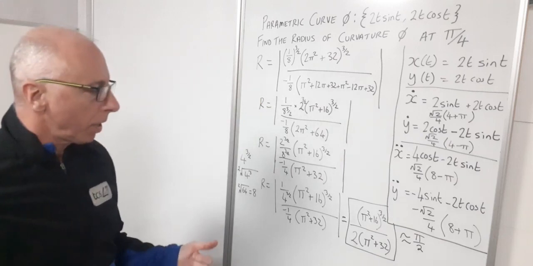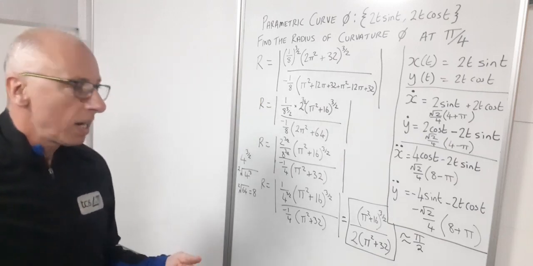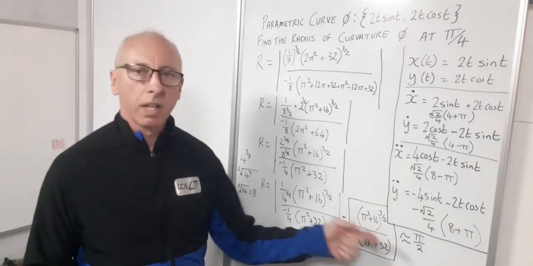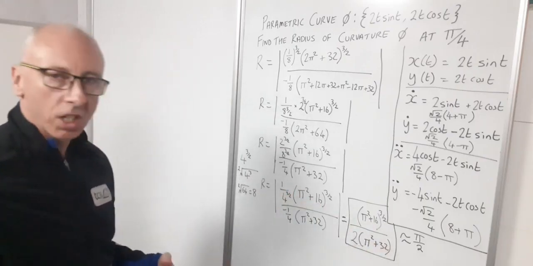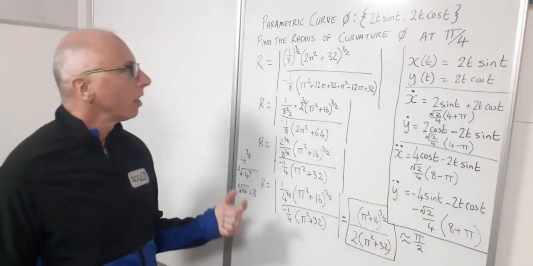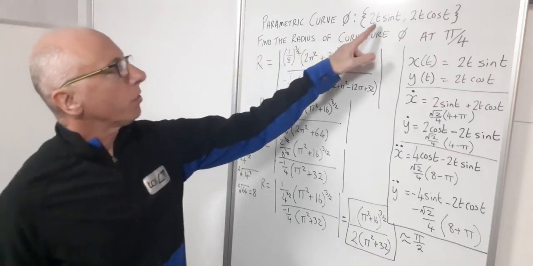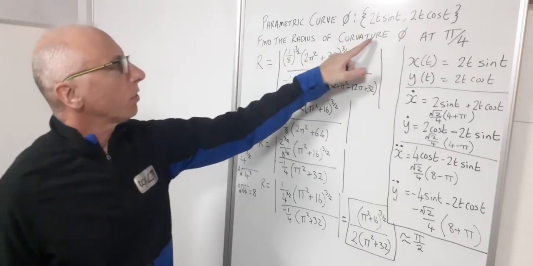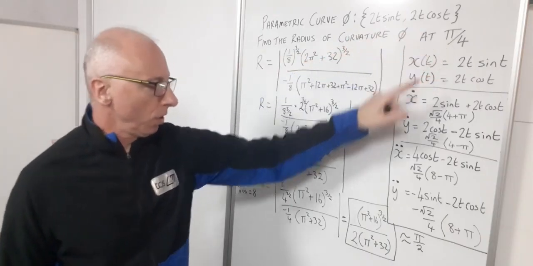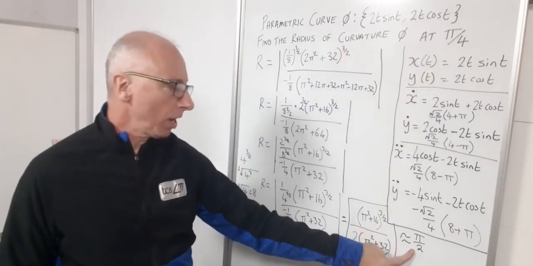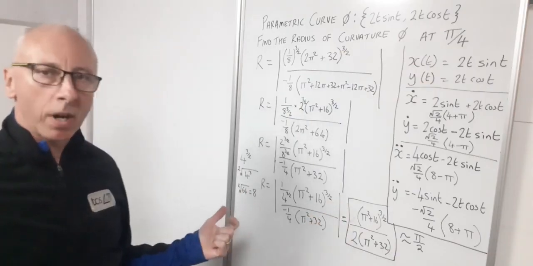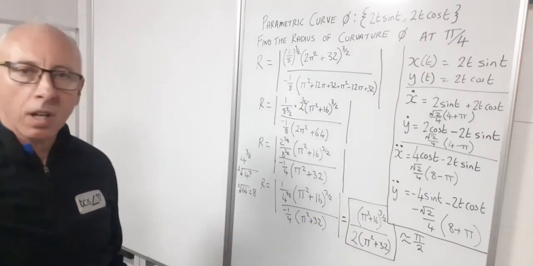It doesn't come exactly to pi over 2, but it's within at least 4 thousandths, so 0.04% actually is what I calculated it to. I'm going to leave that for you guys to double check. But for the parametric curve 2t sine t, 2t cosine t, the radius of curvature at pi over 4 is approximately pi over 2. But that's its exact value there. And I find that quite an extraordinary result.